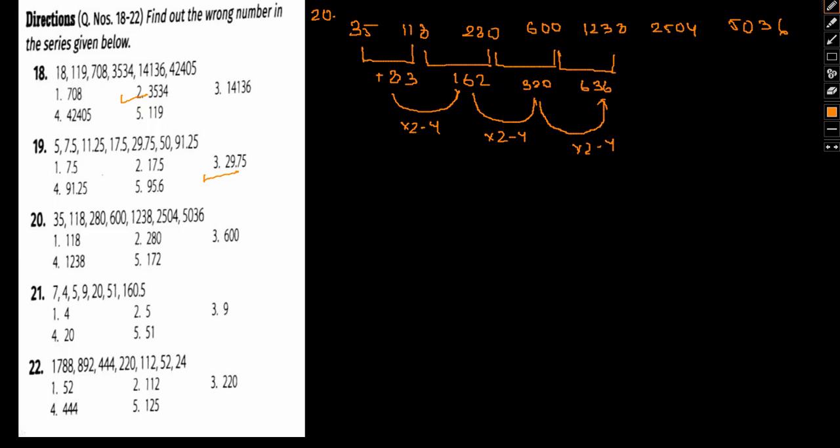So if we add this 636 to 600, what we have is 1, 2, 3 and 6. This would actually be 1, 2, 3 and 6. Okay, so this number is actually a wrong one.